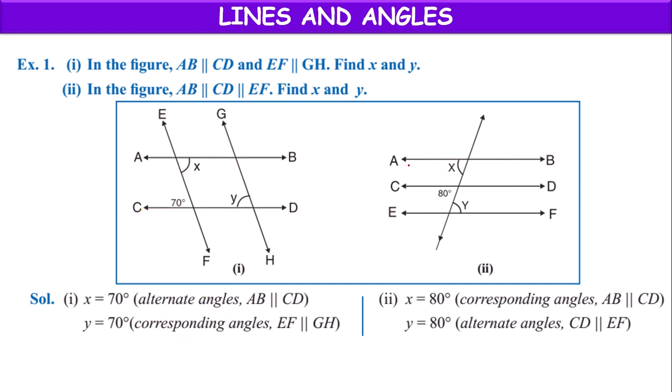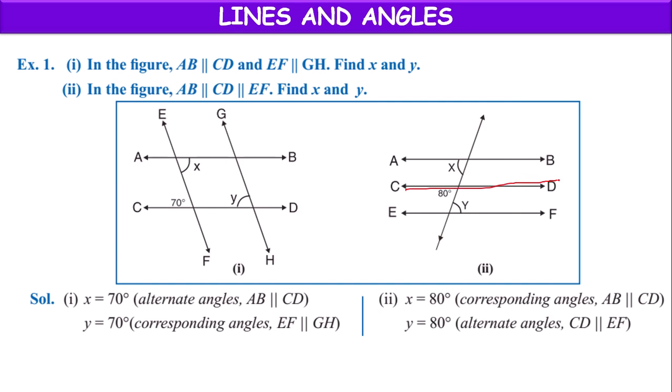Here also, AB is parallel to CD, and this is the transversal. On the transversal left side, a line below, the angles will be equal, corresponding angles. So X equals 80 degrees.